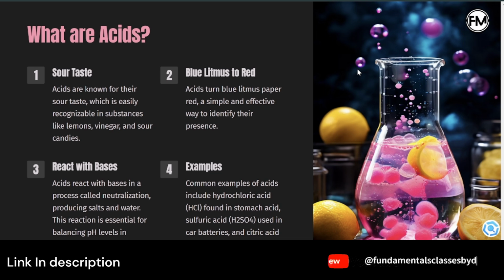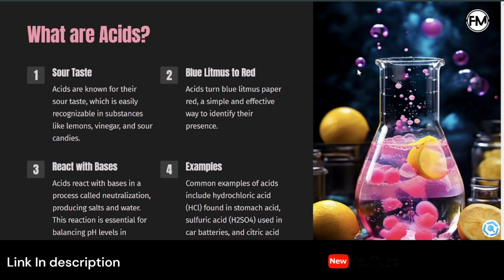You cannot taste everything, but for weak acids you can taste. They are sour in taste. Acids are known for their sour taste, easily recognizable in substances like lemon, vinegar, sour candies, khatta meetha type things. If something is sour in taste, definitely it will be acid.